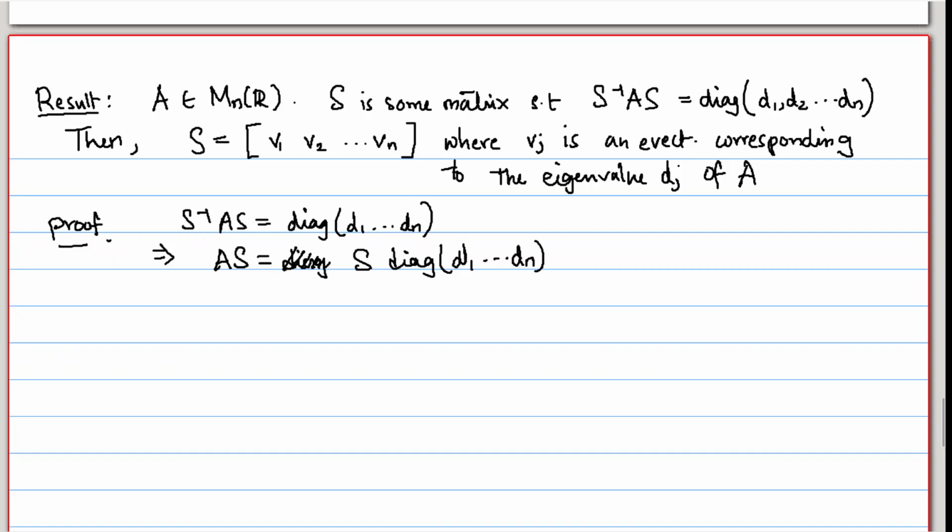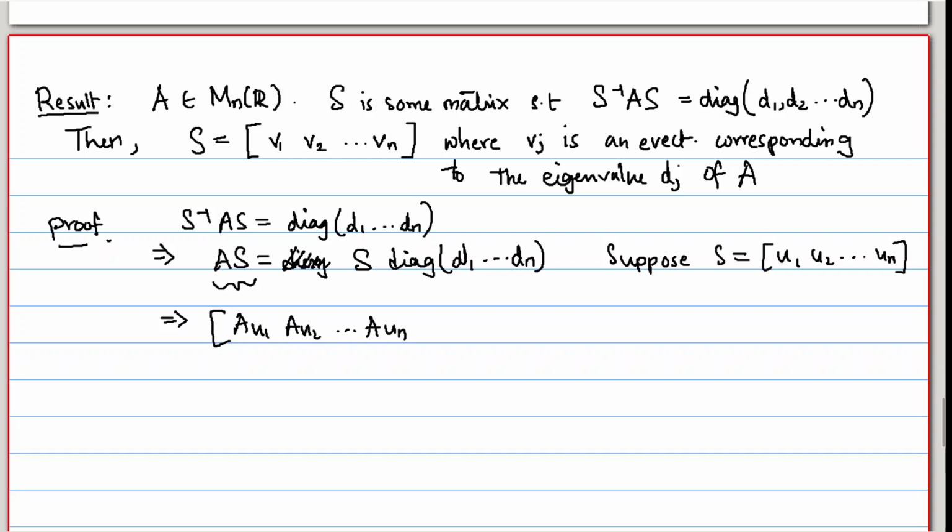Suppose S is equal to U1, U2 up to Un; we do not know what they are. On the left hand side you have AS, which will be A times U1, A times U2, up to A times Un.